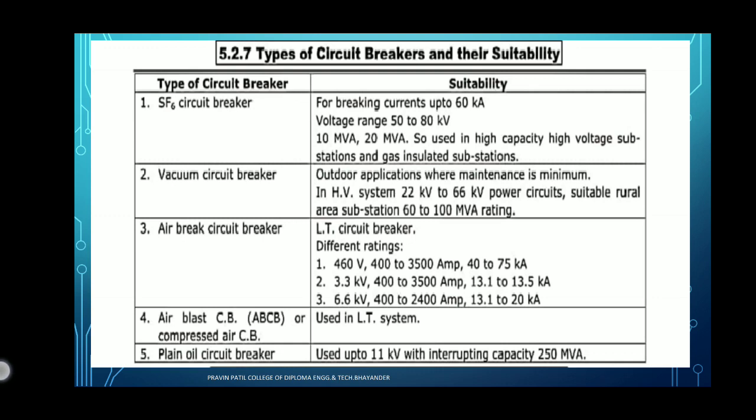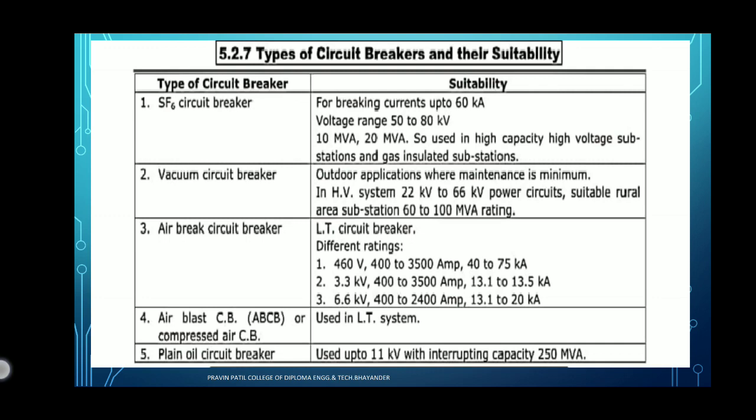Another rating capacity is 3.3 kV, 400 to 3500 amperes, 13.1 to 13.5 kilo amperes, and 6.6 kV, 400 to 2400 amperes, 13.1 to 20 kilo amperes. So these are the rating capacities of the air brake circuit breaker.